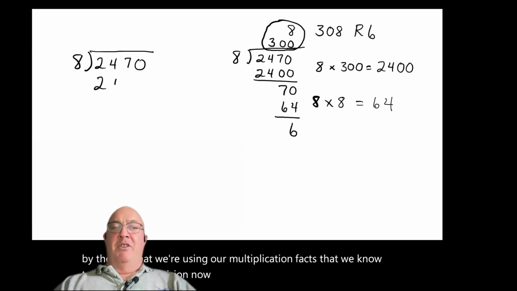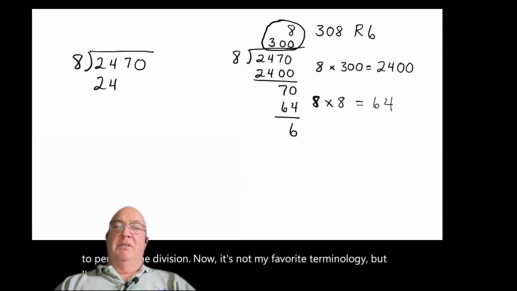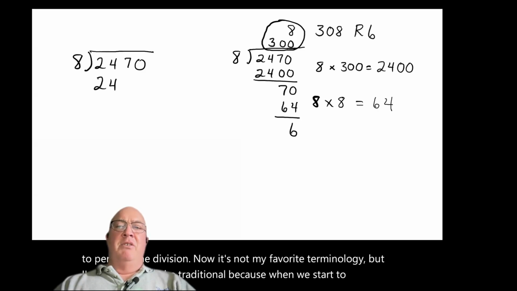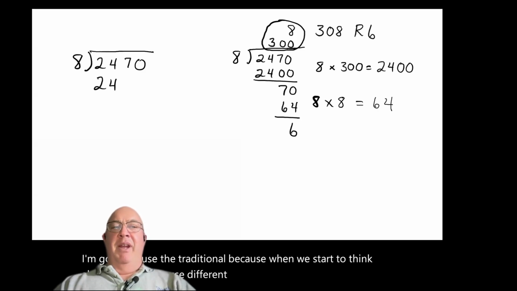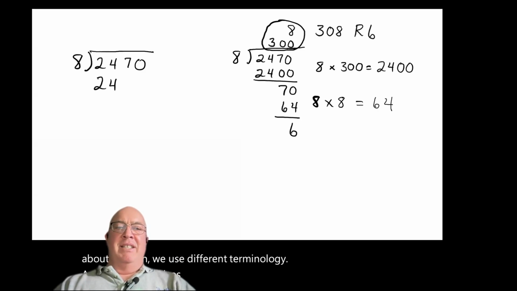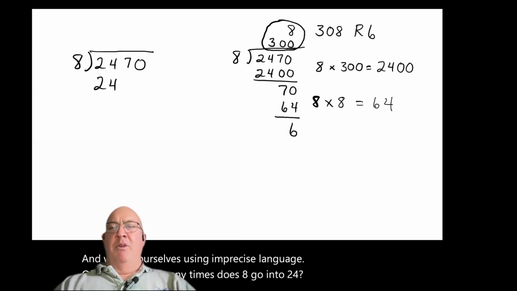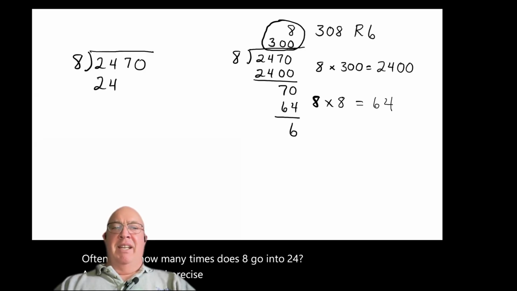Now, it's not my favorite terminology, but I'm going to use the traditional because when we think about division, we use different terminology. We ask ourselves, using imprecise language, how many times does 8 go into 24? That's not real precise language. Really, what we're asking is 8 groups of what is 24.